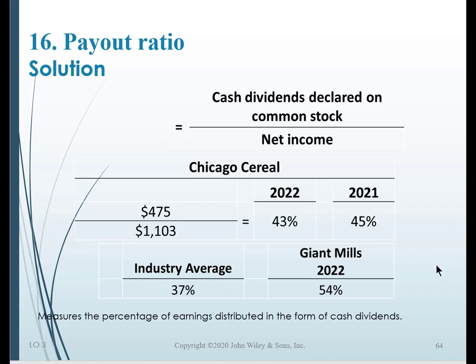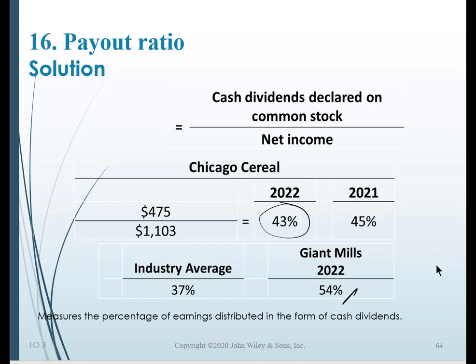So in this case, Chicago is paying out about 43% of its earnings. Giant Mills is paying more. Both of them are greater than the industry average. I don't know how you relate that to profit, because this is really a choice of management.